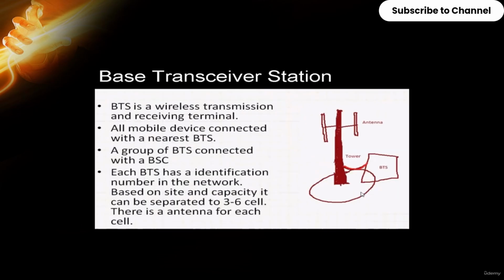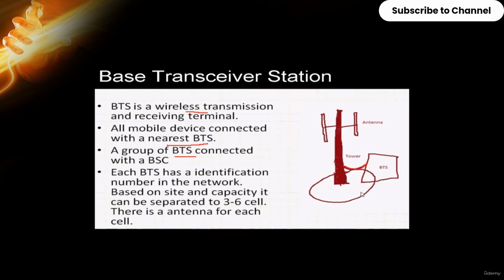Then the base transceiver station. It is a wireless transmission unit which is used to receive the signal from terminals. All connected mobile devices should be near the base transceiver station. A group of base transceiver stations connected forms a BSC.